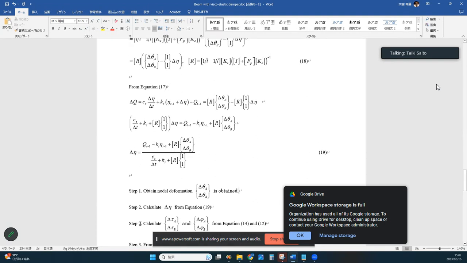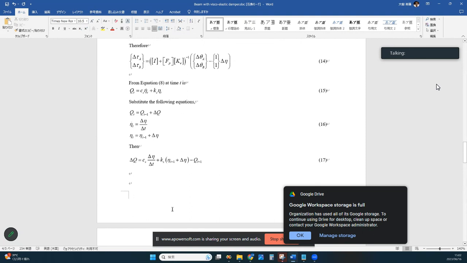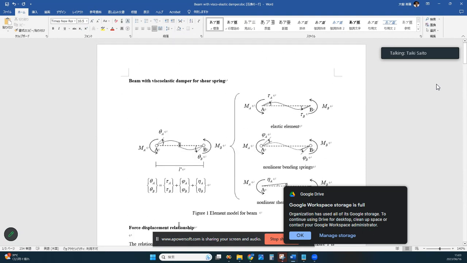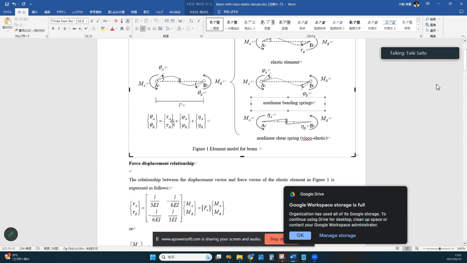And then we must calculate another displacement. Actually, there are 3 types of displacement. One is the elastic element and the nonlinear bending spring. So the first part is the elastic spring, the second part is the nonlinear spring deformation, and the last one is the shear.